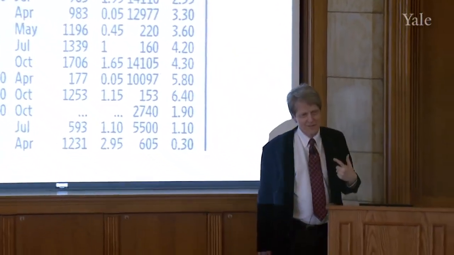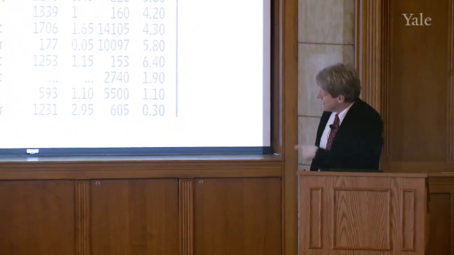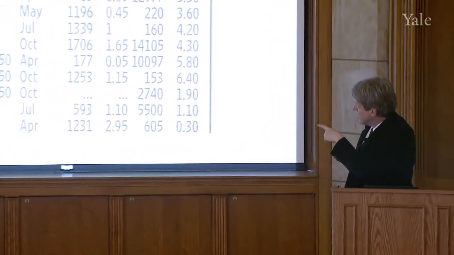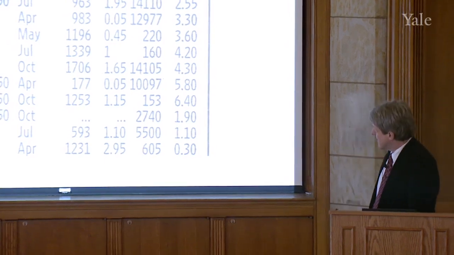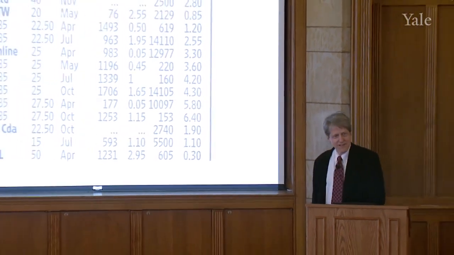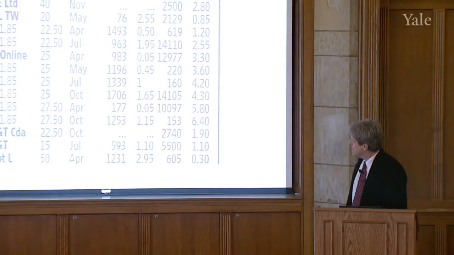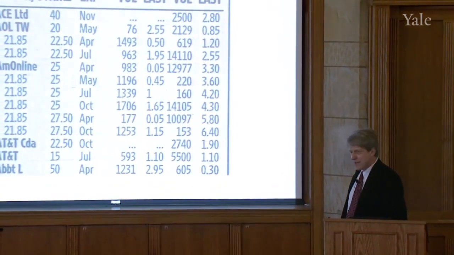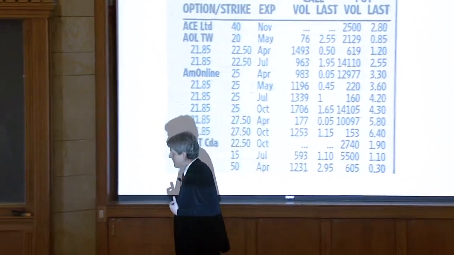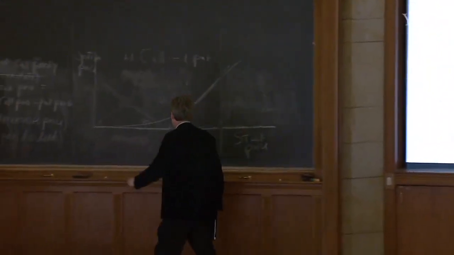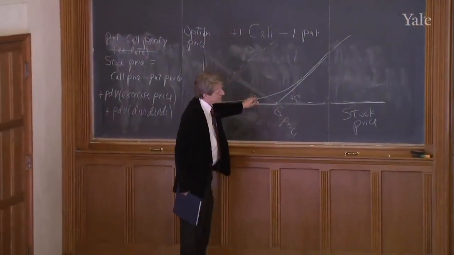Well, you could say intuitively, it's because $21.85 is pretty far from $25, and this option only has a month to go. What's the chance that the price will go up that much? Well, there is a chance, but it's not that big, so I'm only willing to pay 45 cents to buy an option like that. So we're somewhere like here on that row that I've showed you.